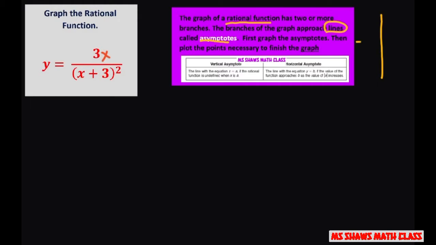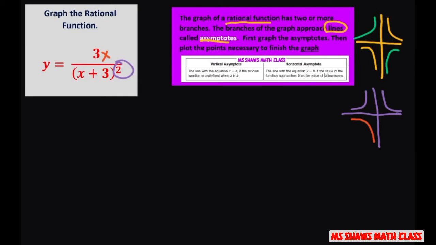Usually your rational functions look something like this, or you can have it this way instead. But since we have the square, usually those are more like this, or they could be down here. So we look at the asymptotes and see what happens.